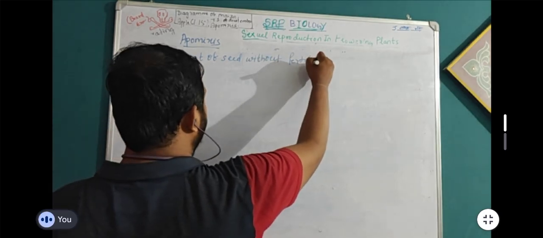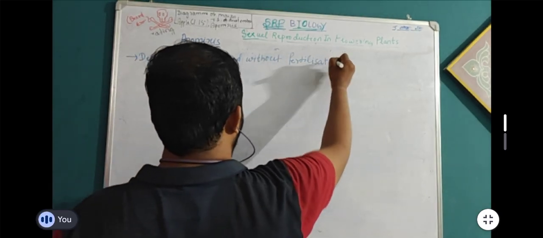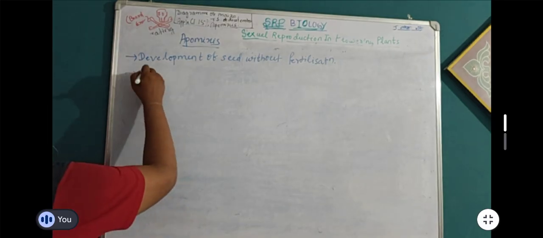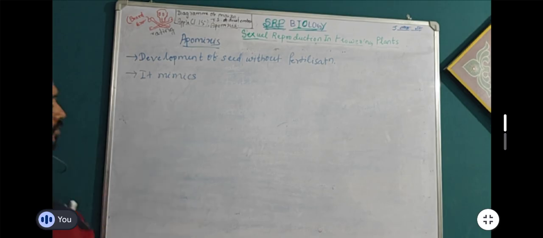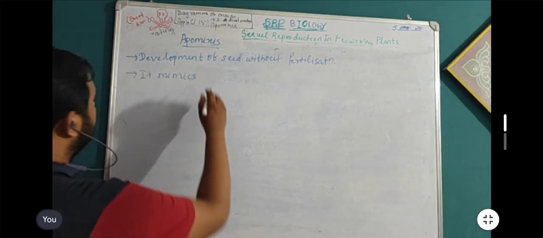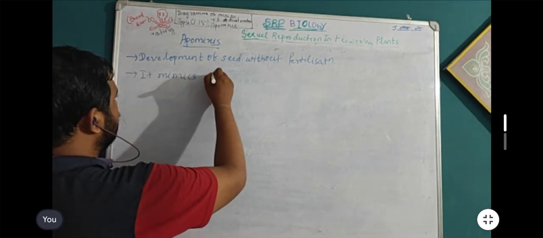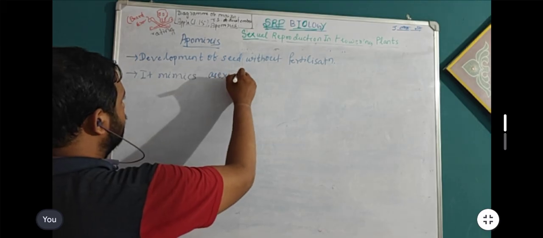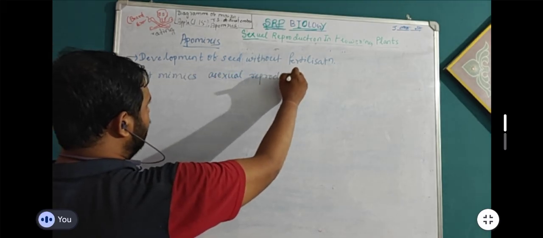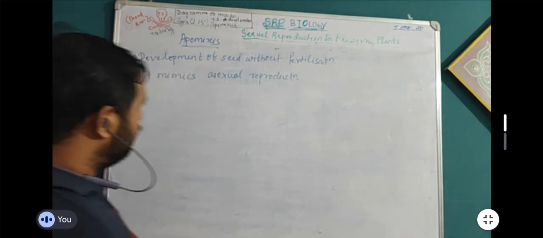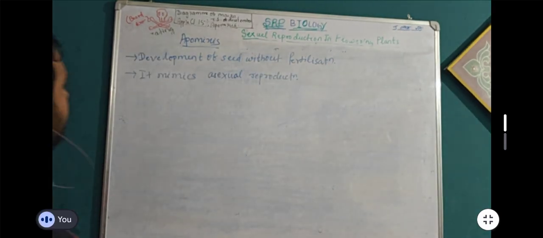So how is the seed actually produced? It mimics which reproduction, sexual or asexual? It mimics asexual reproduction, because here there is no involvement of gametes and no fertilization occurs. So there is no fusion of gametes, and then seed is formed.